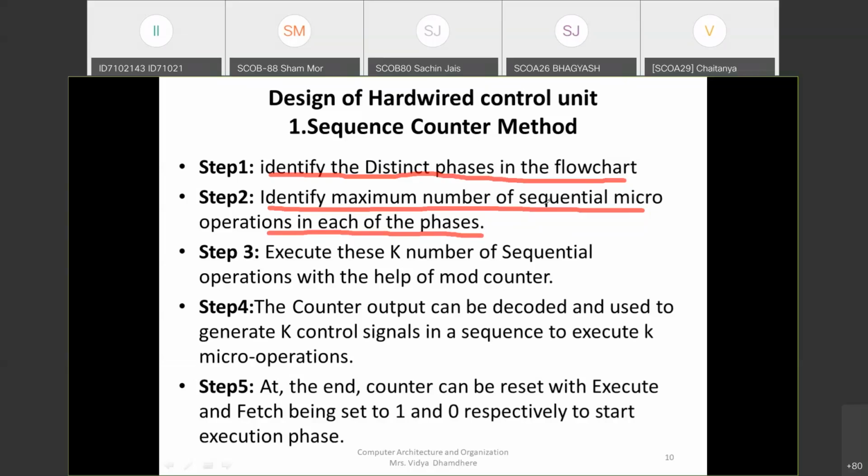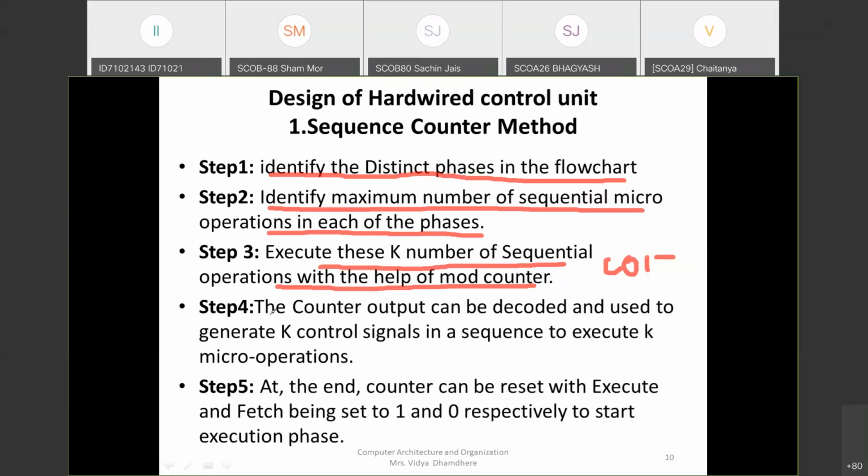Like this, we have designed separate micro operations for each instruction. In total we have divided it into a number of sub instructions, which are the sequential micro operations involved. So execute the k number of sequential operations with the help of a mod counter. That means we need to set one counter for that, which we mentioned in the previous PPT, C0, 1, 2 up to 5, 6, that counter we have taken.